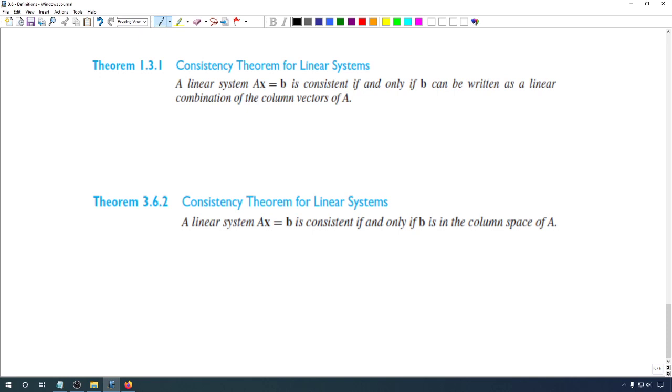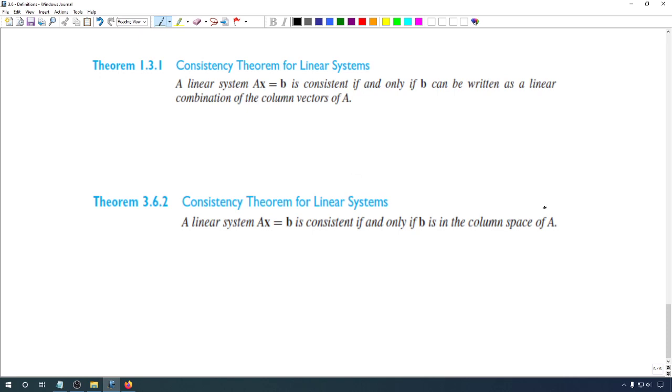So we are going to rephrase that theorem in terms of the column space: a linear system AX equals B is consistent if and only if B is in the column space of A. This is an important result about what the column space really is. It's the collection of all vectors that give you a consistent linear system when you set up AX equals B.